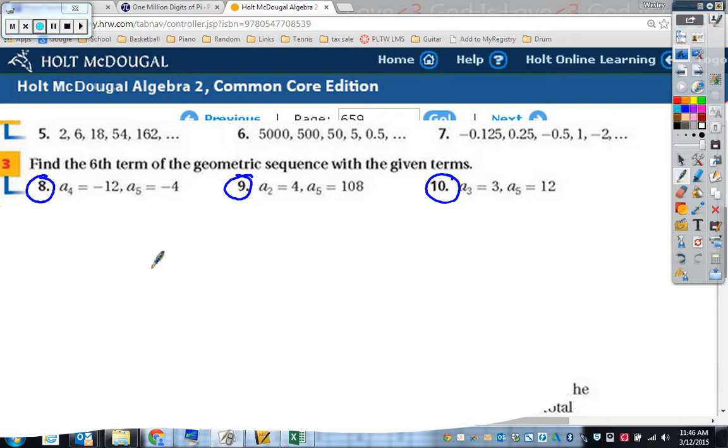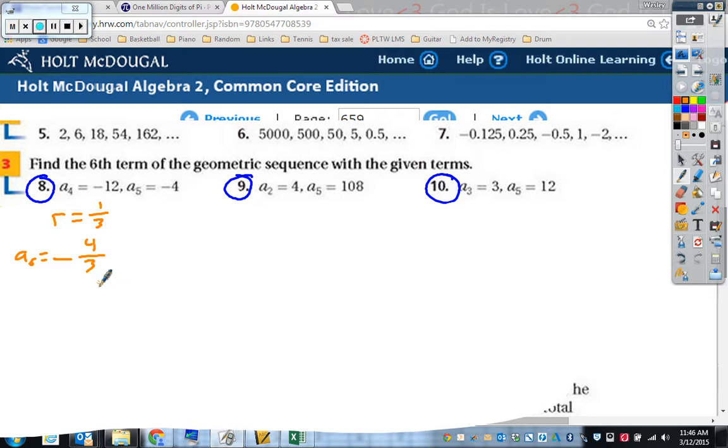Okay, so for number 8, to get from negative 12 to negative 4, you should have multiplied by 1/3, so your r would be 1/3. And then when you were trying to find the sixth term, you should have gotten a sub 6 equals negative 4 over 3.